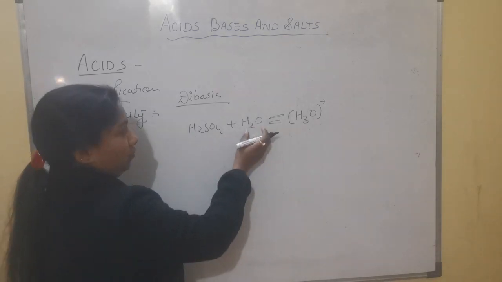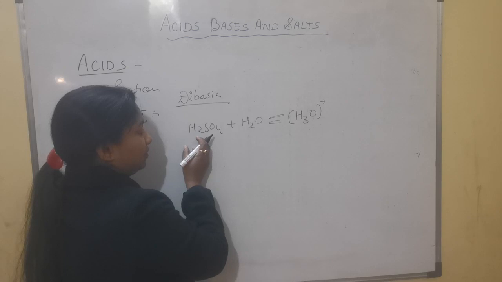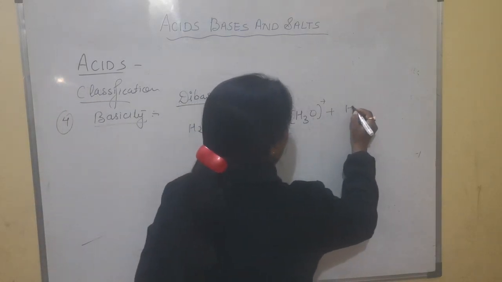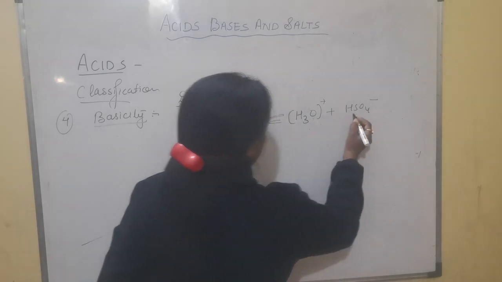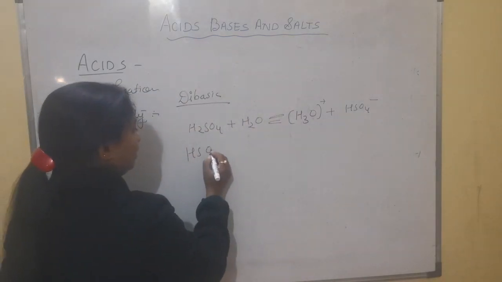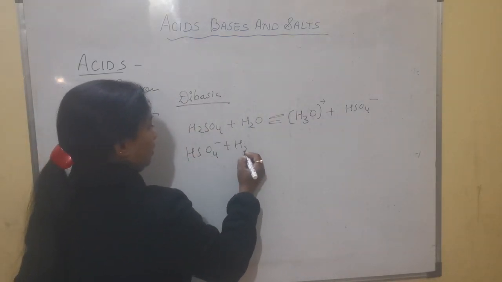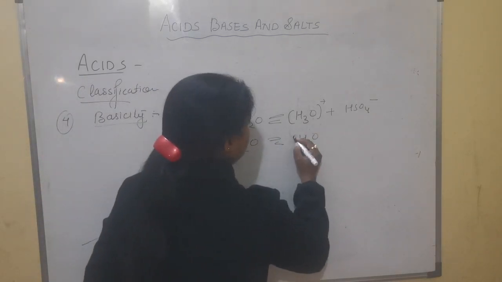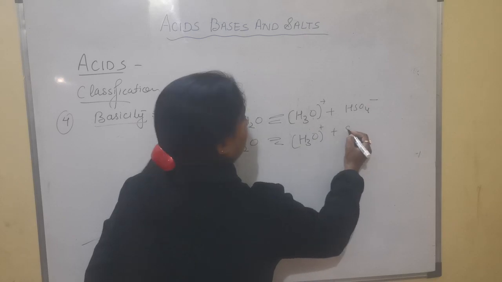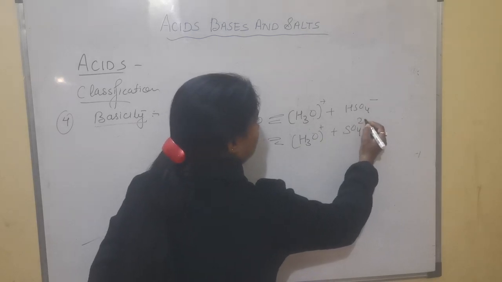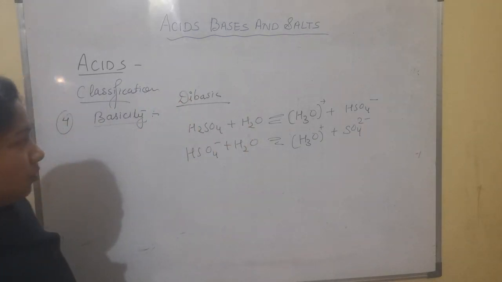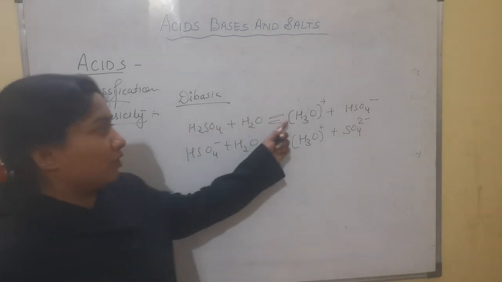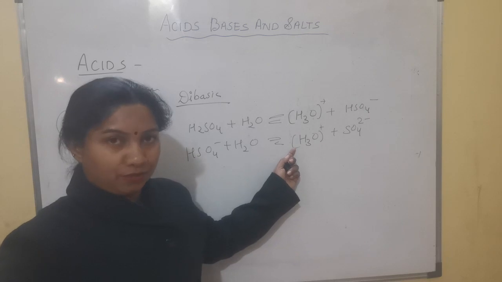First, one water molecule combines with one of the hydrogen atoms of this sulfuric acid, and HSO4 minus ion is formed. This HSO4 minus ion again combines with a water molecule, and one more hydronium ion is produced with the formation of sulfate ion. So here you can see that one molecule of sulfuric acid is producing 2 molecules of hydronium ion.